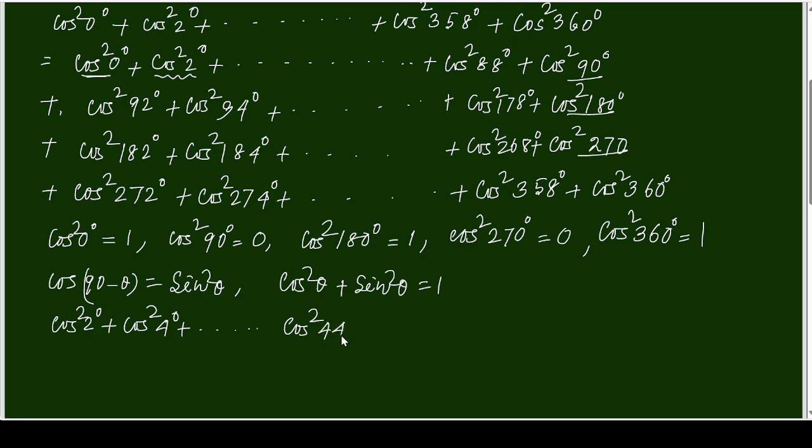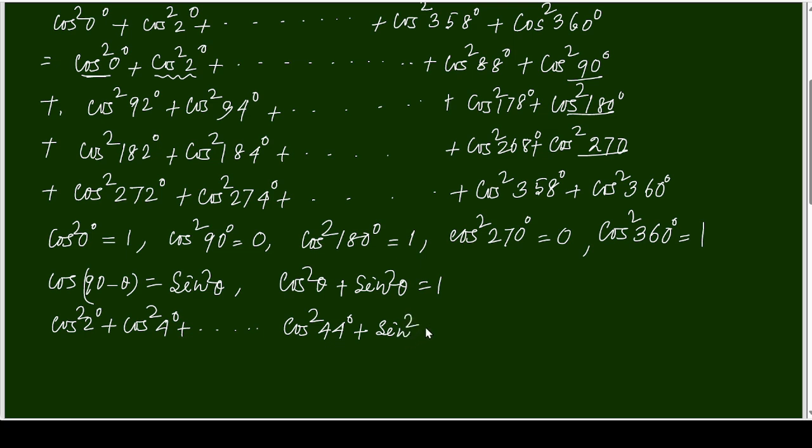44 degree plus, when I write cos 46 degree, I can write cos 90 minus 44, that will be 46, that will be sine 44 degree.